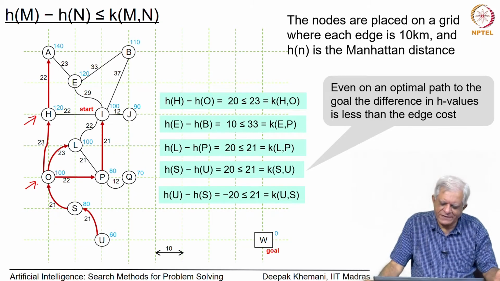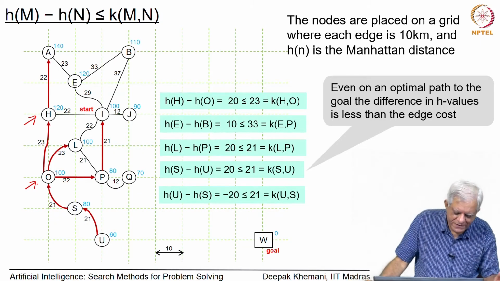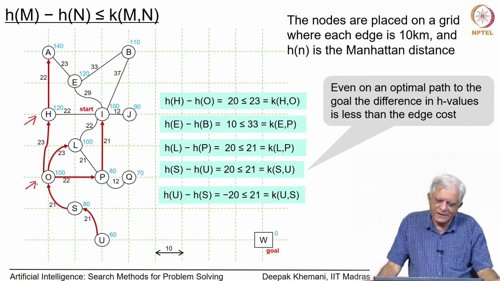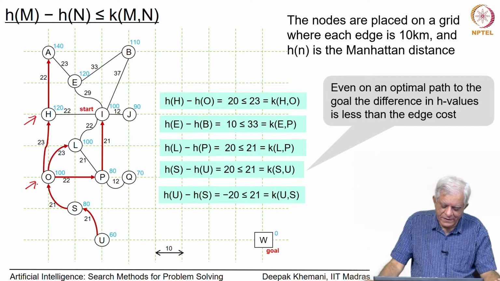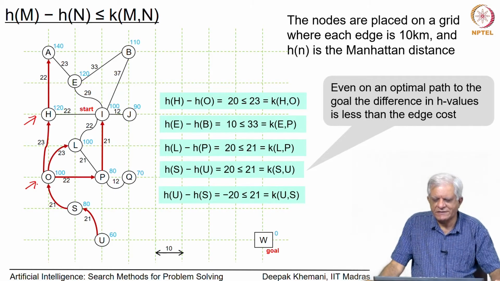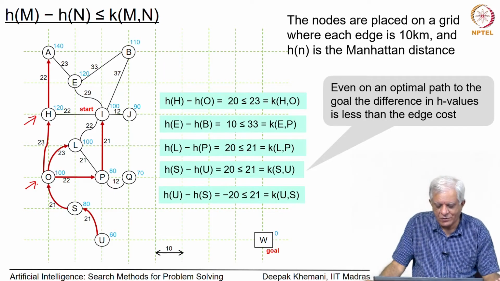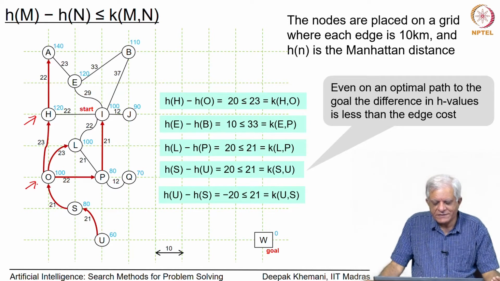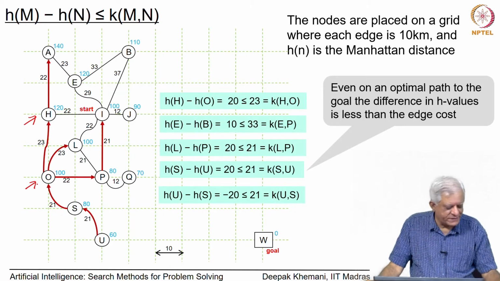So, that is a trivial case that we are not very much interested in. Our interest is that as we move towards a goal, for every edge that we cross, are we underestimating that edge or not, and if we are, then we say that the heuristic function satisfies the consistency property. Not only does it underestimate the distance to the goal, it underestimates the cost of every edge on the path to the goal, and our interest is there essentially.